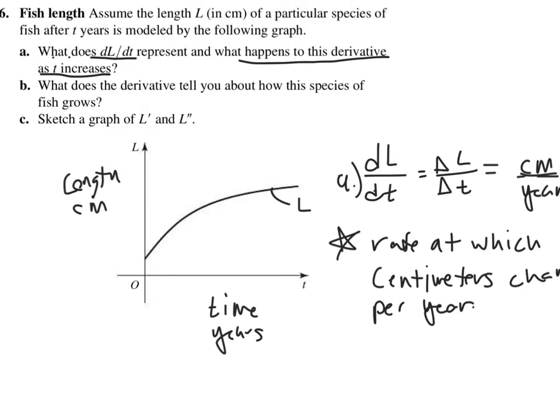And then it says what happens to this derivative as t increases. So let's graph dL/dt in red. What we see here is if we take all these little slopes across this curve, you notice that the slopes get less steep. So your graph does something like this. And the question asks, as t increases, what happens to the rate at which the fish grow in centimeters per year?